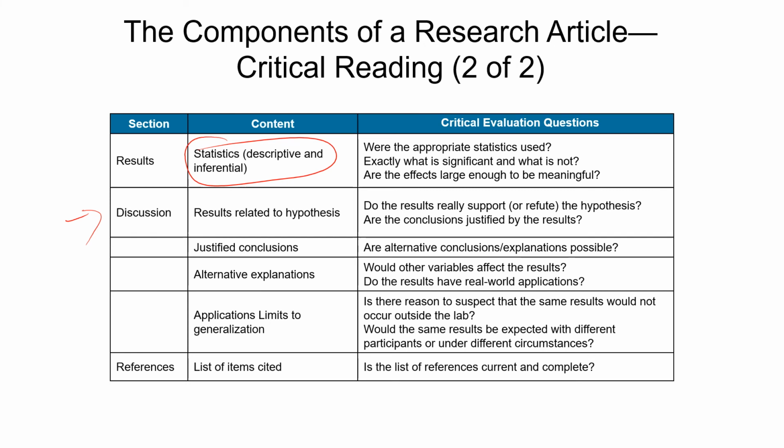And finally, limitations, generalizations, future directions, all of that is something you'll put in the discussion as well. And you'll finish up with the references section, which is going to be a list of all items that you cited throughout the paper prior to that.